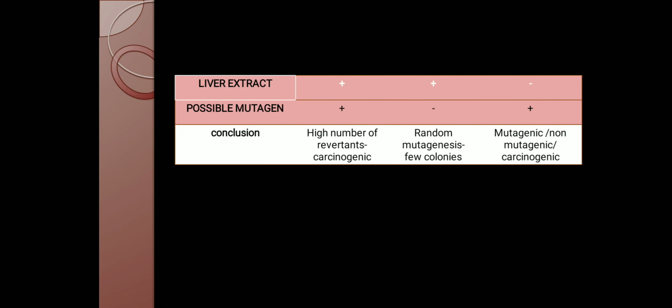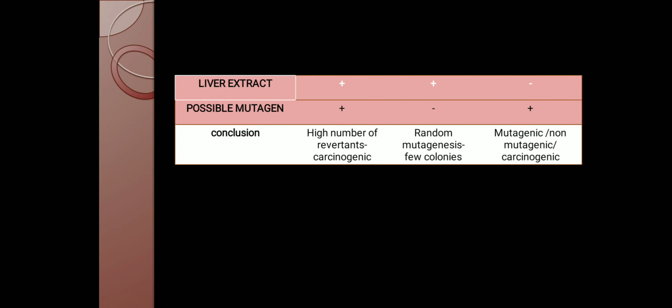It will give the result as non-mutagenic. And also since it has not reverted the organism, it will not produce colonies. So therefore it might not be carcinogenic. Or if it is mutagenic even without liver processing, and it is producing a large number of organisms, then it could be carcinogenic.